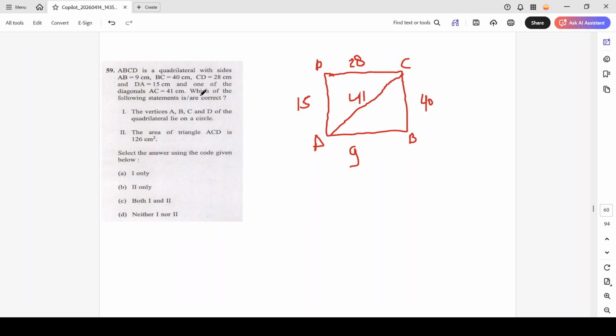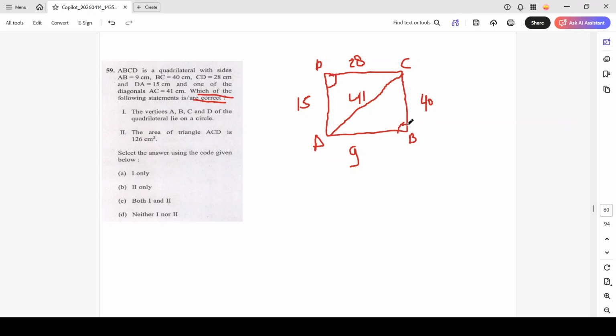Now let's see which of the following are correct. Now we see the vertices of ABCD lie on a circle. What our first statement says is that ABCD lies on a circle. That means this is a cyclic quadrilateral. So what are the properties of a cyclic quadrilateral? That means the sum of opposite angles is 180 degrees.